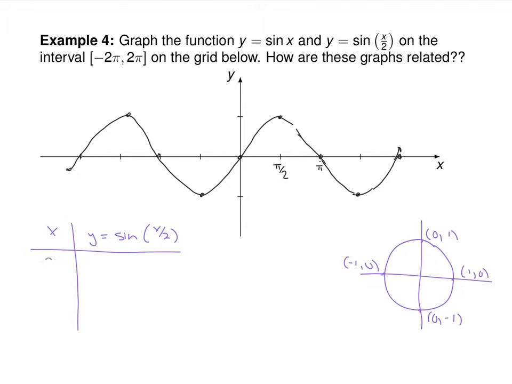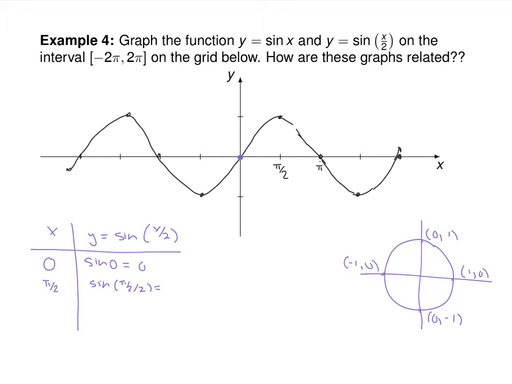Okay, so when you plug 0 into x over 2, what do you get? 0. So that becomes sine of 0, which is still 0. But now when you put in pi halves, you have sine of pi halves over 2. What is pi halves divided in half?